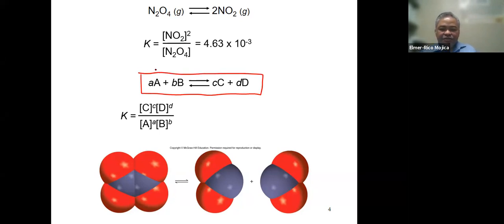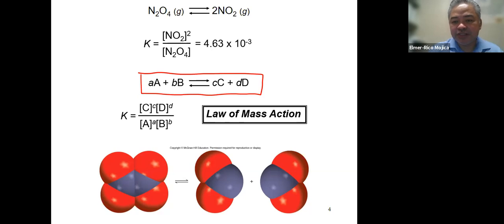So aA plus bB producing cC plus dD. And if you're going to write the chemical equilibrium for that, it's just the products over the reactants. So [C] raised to the c times [D] raised to the d over [A] raised to the a times [B] raised to the b. So this is based on the law of mass action.